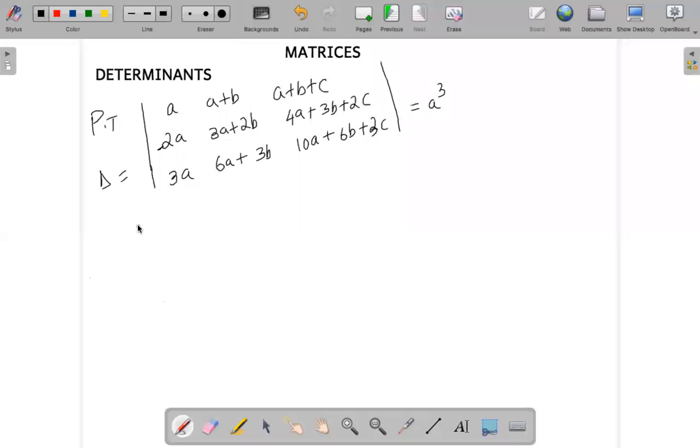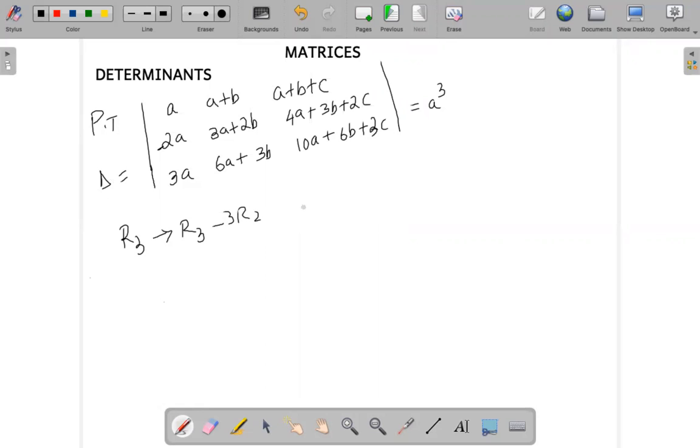Let us apply on R3 now. R3 is R3 minus 3 R2.